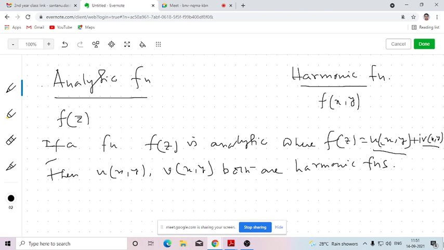So if the function is analytic, then the real part as well as the imaginary part both are harmonic functions, and vice versa.